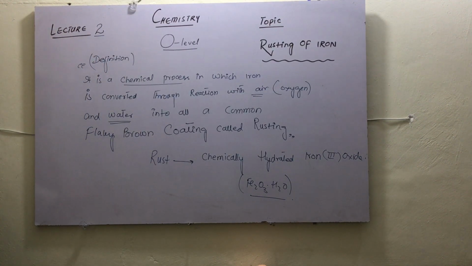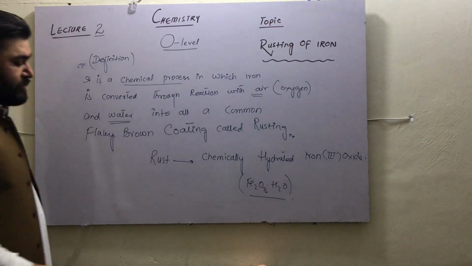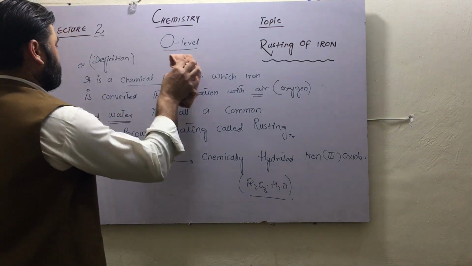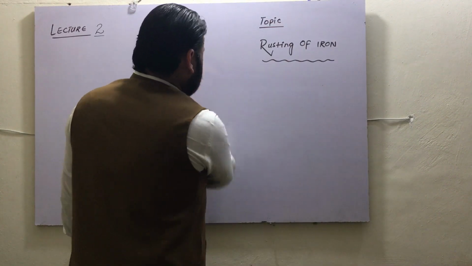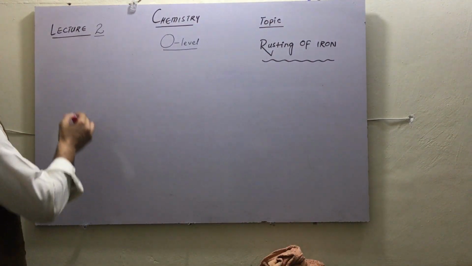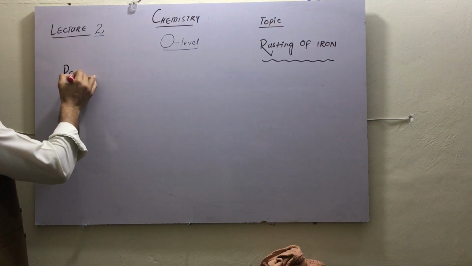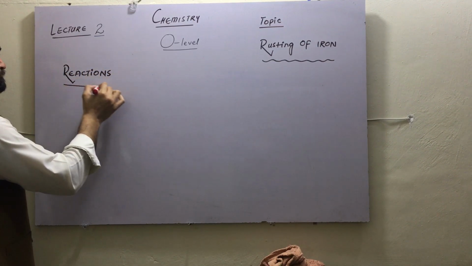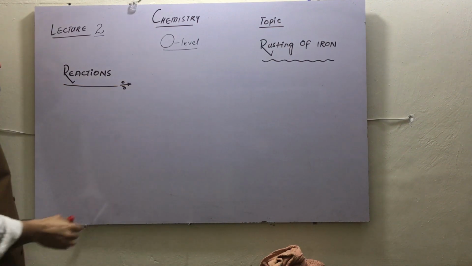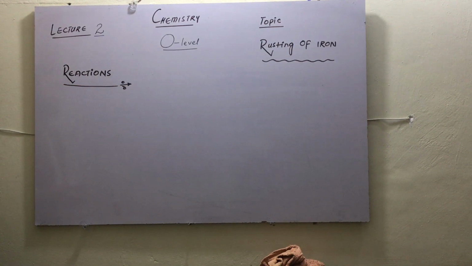What are the chemical reactions involved to form rust? Let me write it. Reactions. So the reactions are very much important. Reaction for rusting. As I mentioned in the definition, it is a chemical process in which iron is converted through reaction with oxygen and water into a common flaky brown coating.